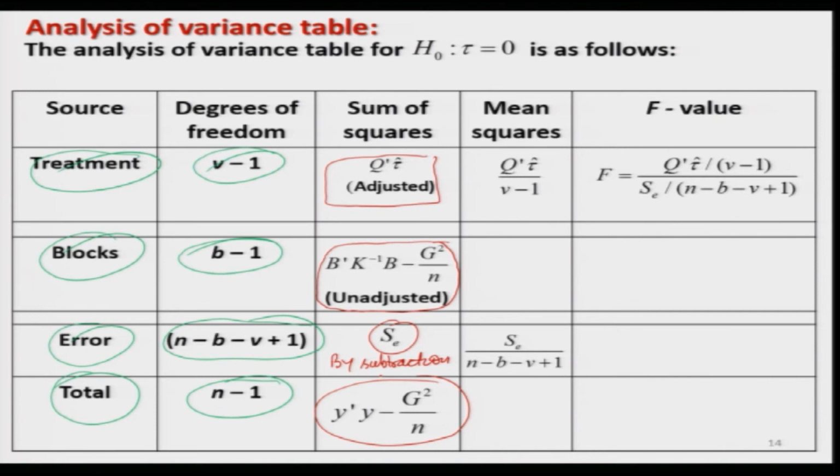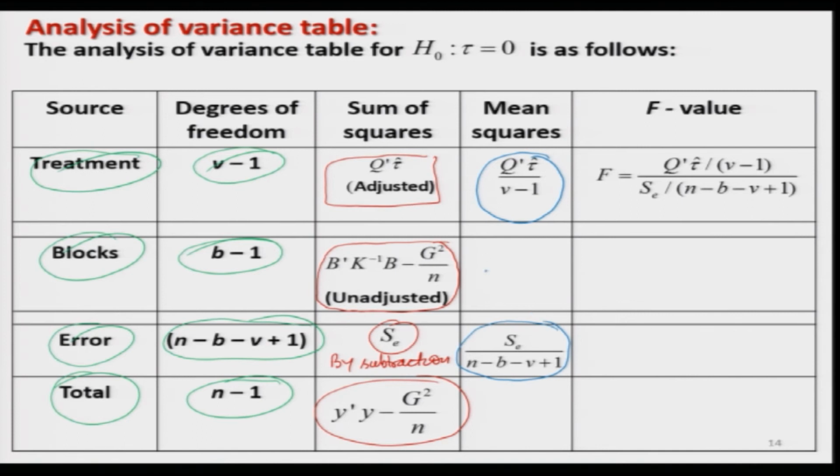And now you can see here we are defining only one mean square, related to the treatment, between treatment and blocks. Earlier, if you remember, you used to define a mean square for the treatment and a mean square for the blocks. So, we are defining here only the mean square for the treatment, and then obviously you need the mean square for the error, which is SSE divided by the degrees of freedom.